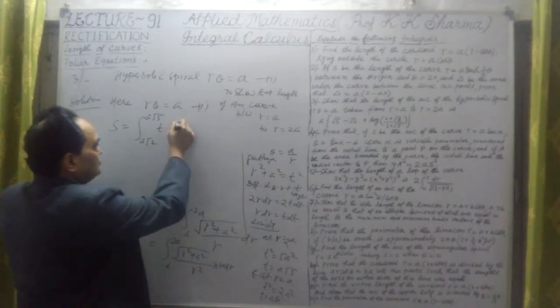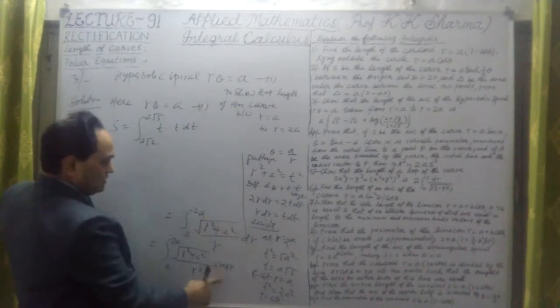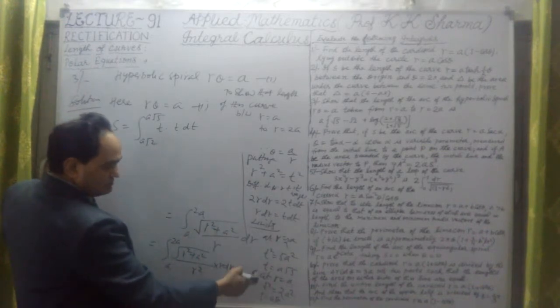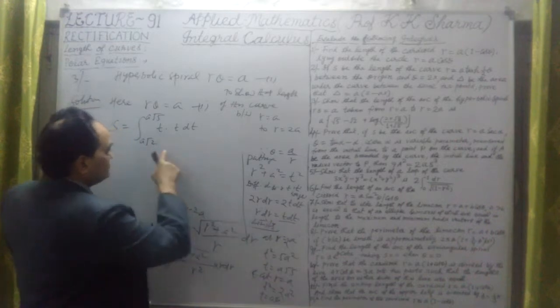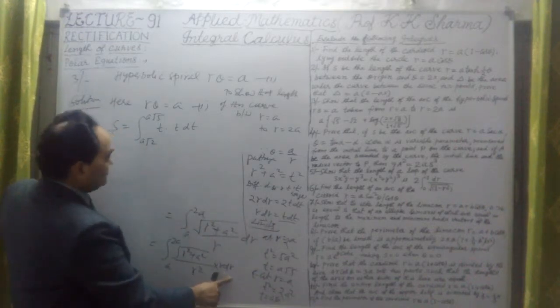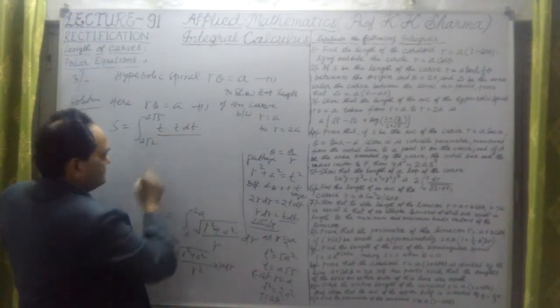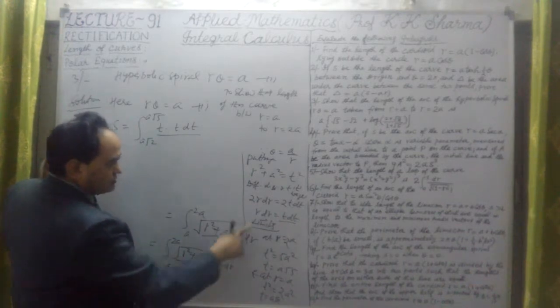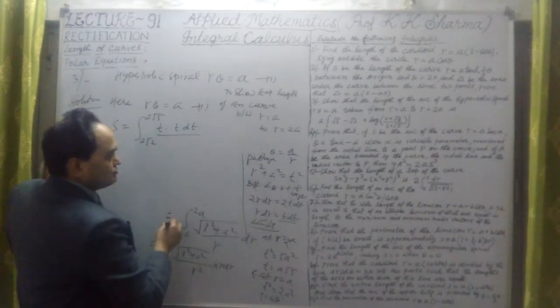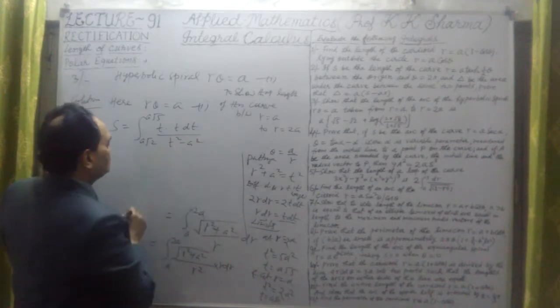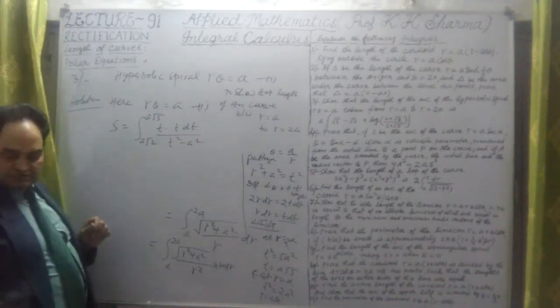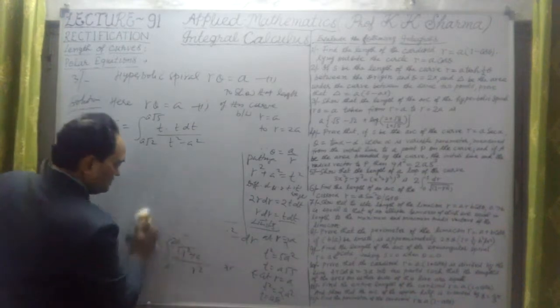This is t into t dt, because r dr is t dt. In place of r dr we have put t dt divided by r square. r square is t square minus a square. Now we have to solve it.